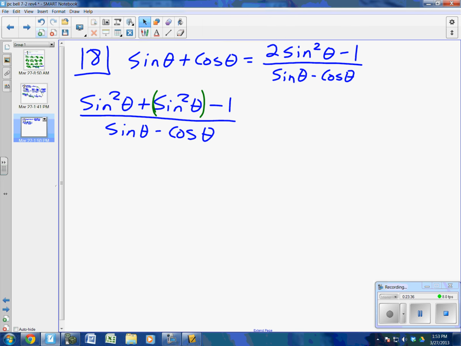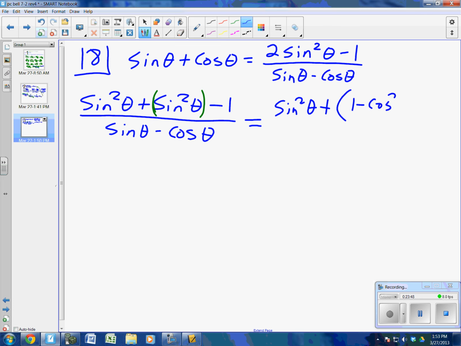We're going to replace that with what? Sine squared is 1 minus the cosine squared. By putting a negative cosine squared in, we would have been skipping a step. So I was just showing you the step.